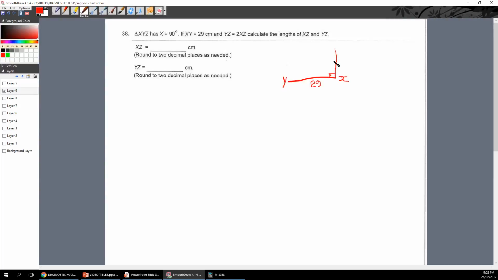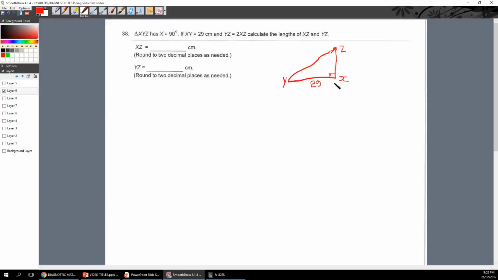And XY is 29. Y to Z, this has got to be Z up here. YZ, which we'll draw in. YZ equals 2XZ. So that's 29. Okay, calculate the lengths.